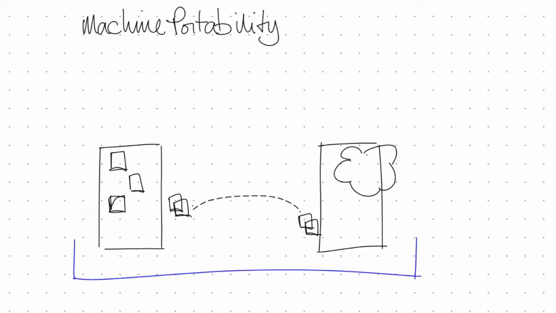We know that both of them are running vSphere. And we know that we have a workload that we want to move from point A to point B. So we've got different means by which we can utilize this sort of machine portability.